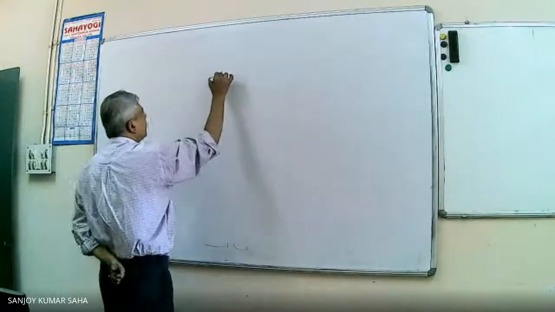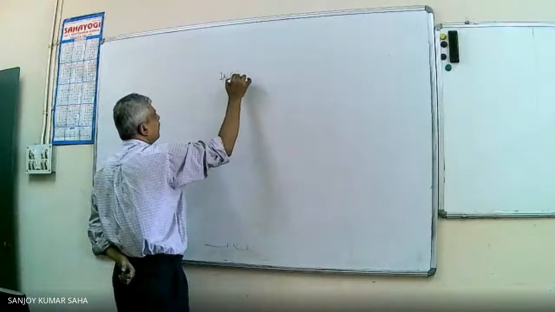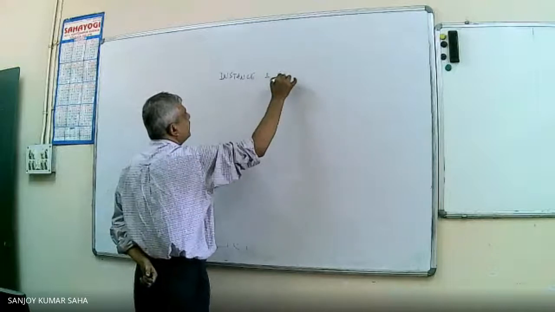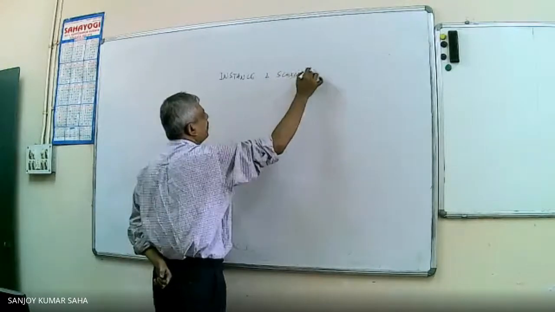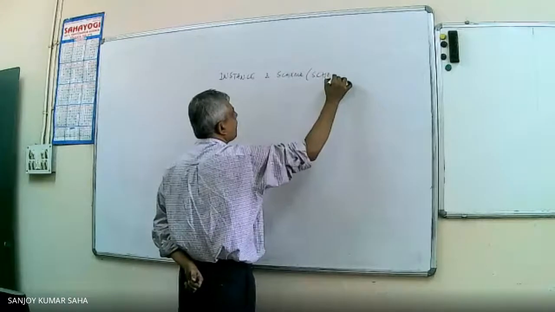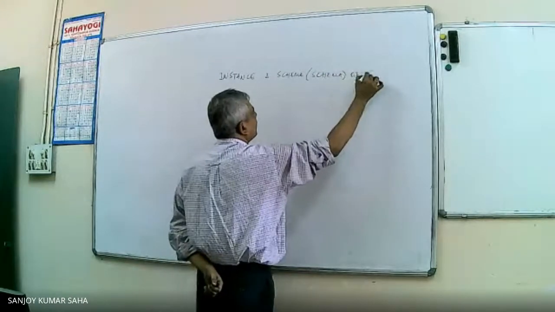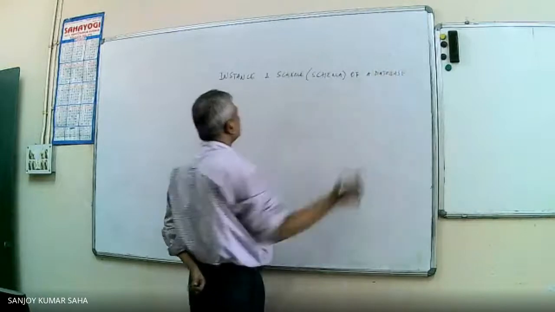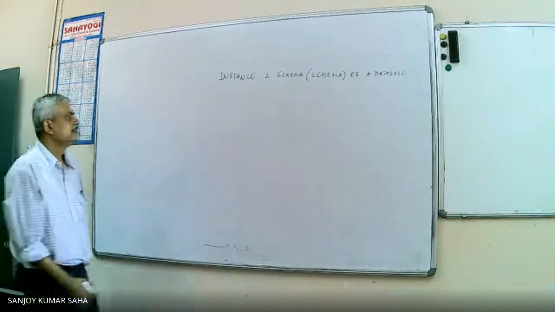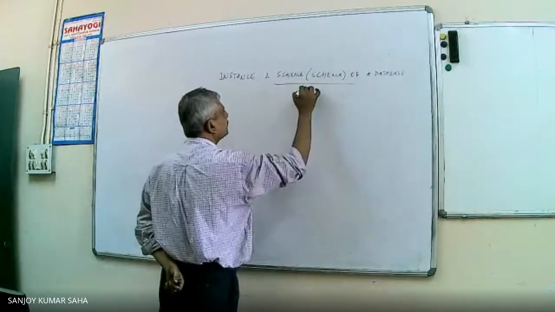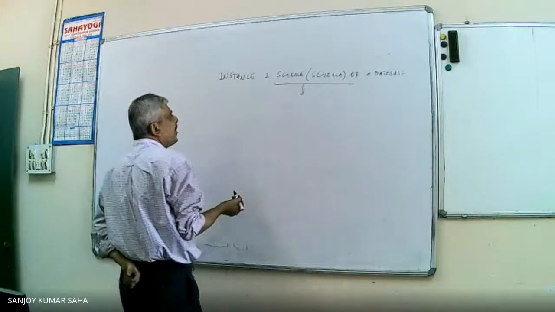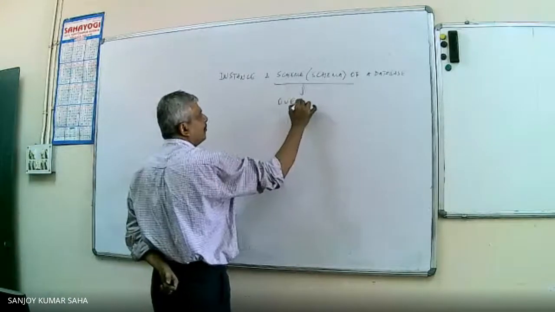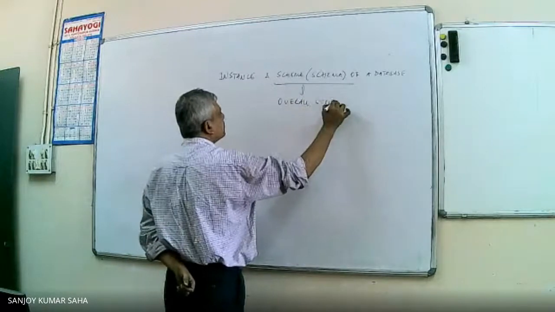Two terms we must be clear about: instance and scheme, or sometimes we say schema, of a database. The schema or scheme of a database specifies the overall structure of the database.